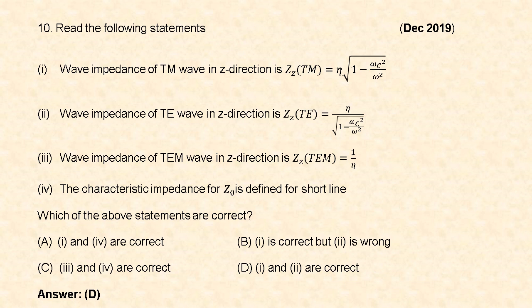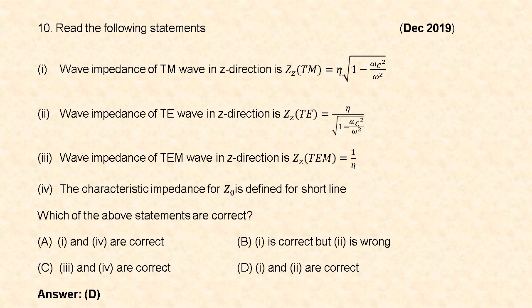Third: wave impedance of TEM wave in Z direction is Z_TEM equal to 1 by eta. Fourth: the characteristic impedance Z0 is defined for short line. Which of the above statements are correct? Option A 1 and 4, option B 1 is correct but 2 is wrong, option C 3 and 4 are correct, option D 1 and 2 are correct.